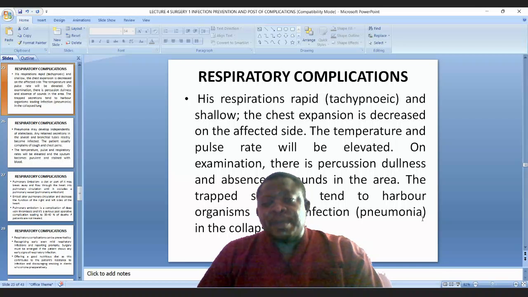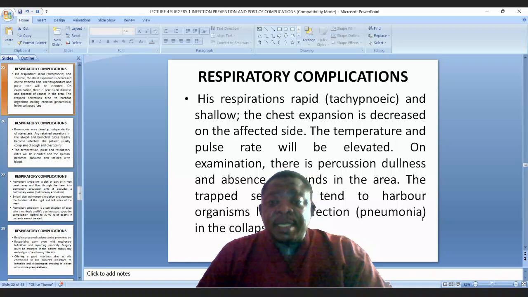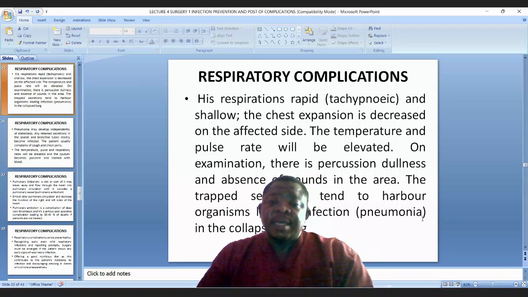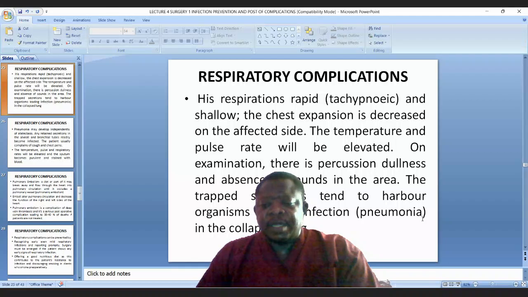The trapped secretions harbor organisms, leading to infection like pneumonia. So the area that is collapsed may harbor some infections, because there is less oxygen going to that area, and this may also lead to infections.